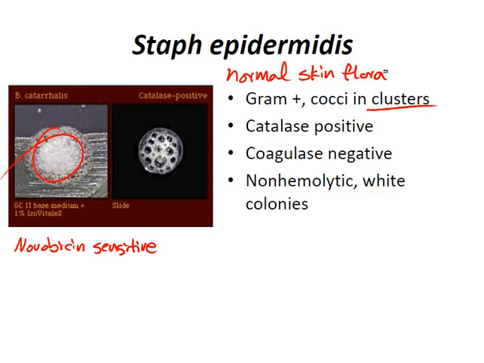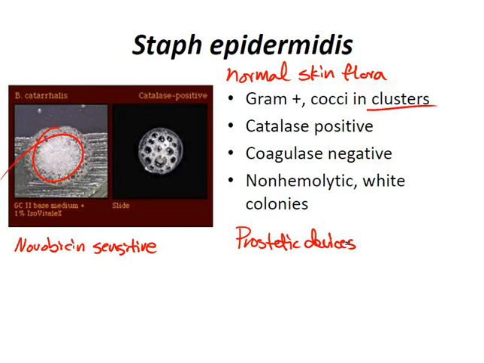Blood cultures. Now, Staph epidermidis is capable of forming a sticky, protected biofilm facilitating colonization and infection in prosthetic devices, including prosthetic heart valves and indwelling urinary catheters.